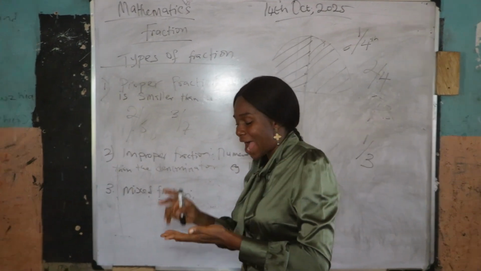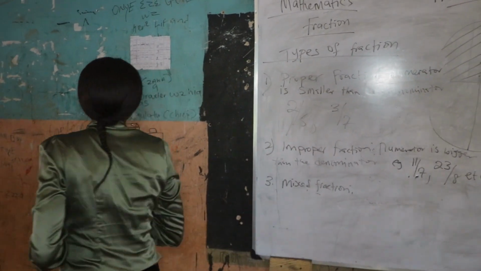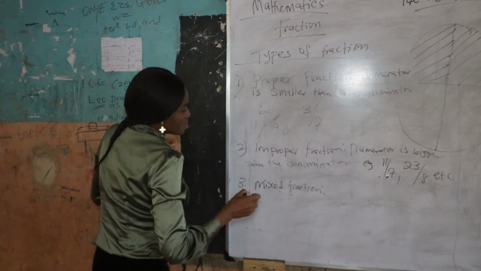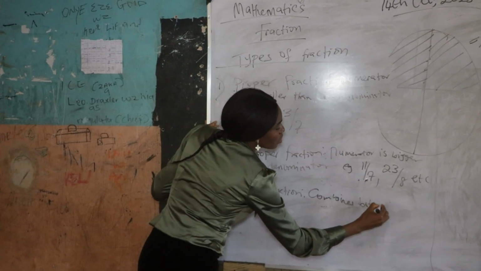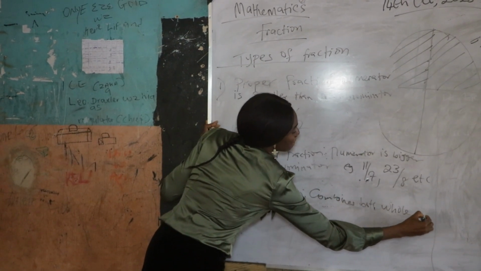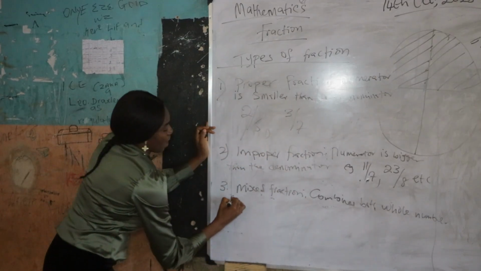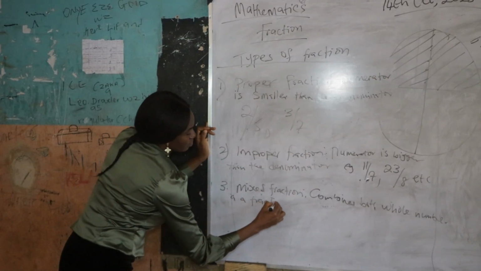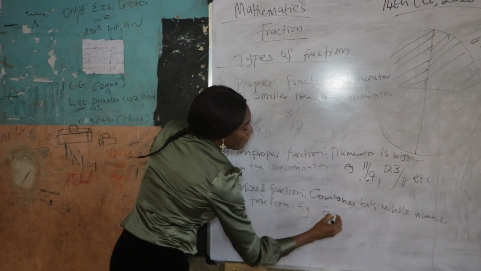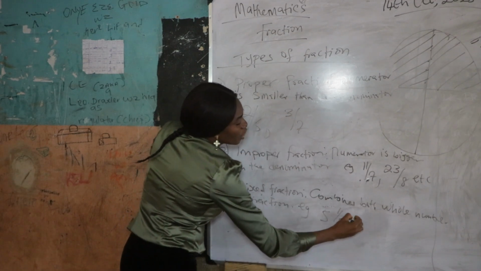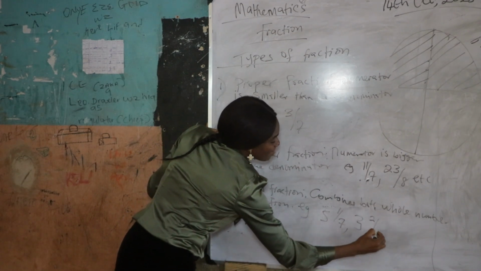Both a whole number and a fraction, they are combined together to get a mixed fraction. Example, we have 5 whole number, 1 over 7, 3 whole number, 2 over 5, etc.